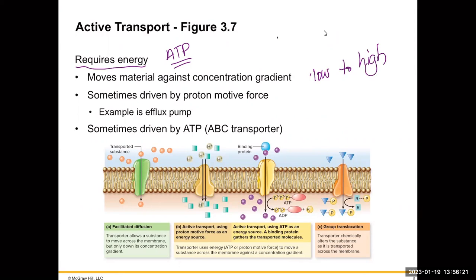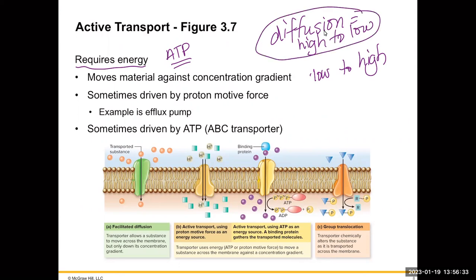So normally with diffusion, right, we're going from high to low. So that's kind of like the laws of physics. Things move from a higher concentration to a lower concentration. That's the nature of chaos. Okay, so they move from a place where they're more organized to a place where they're less organized.